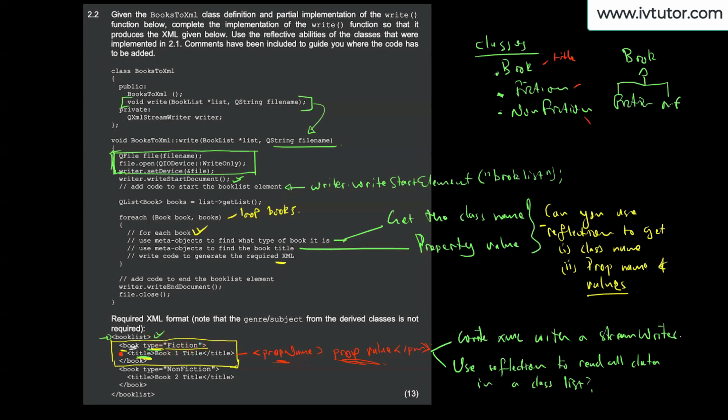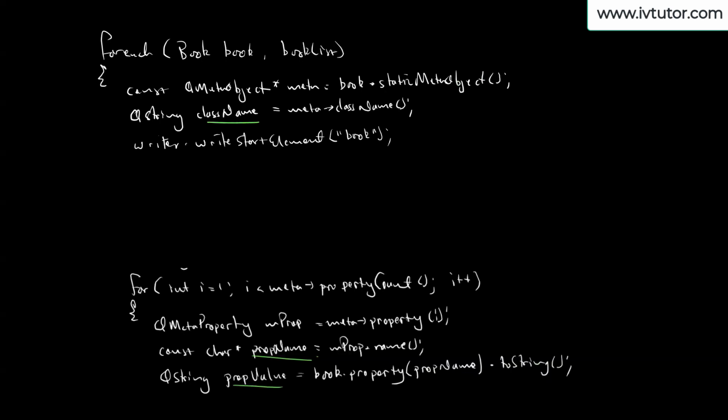So type fiction. So what you do, you write the attribute. So you can go writer dot write attribute. The name of the attribute is type. The value of the attribute is your class name. So this will do your book type equals fiction.